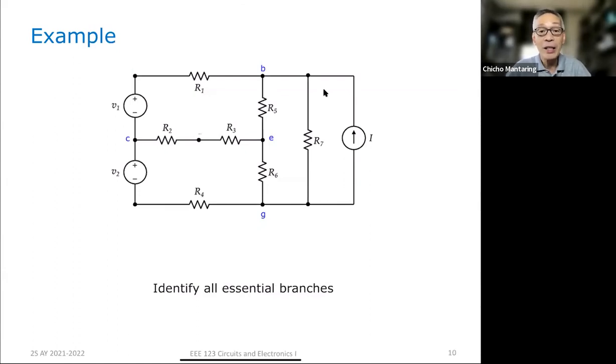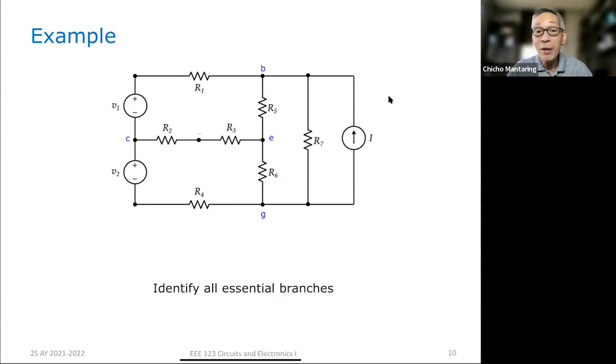Okay, how many essential branches are there? Anyone? Or can I see your answers? Okay, medyo, I see only one correct answer so far.